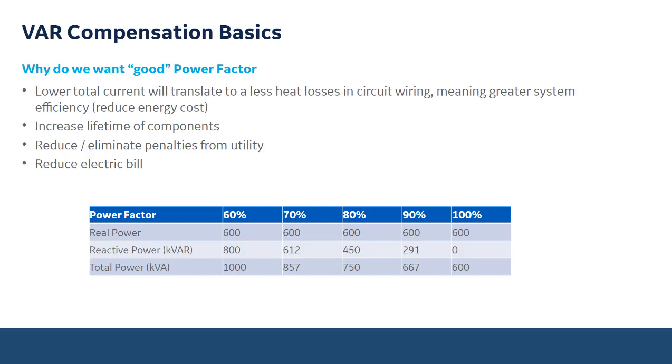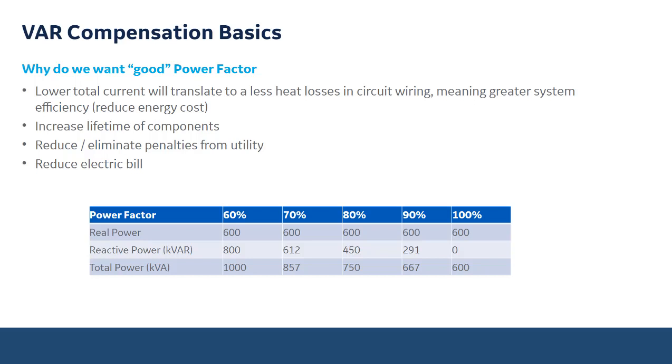You're going to eliminate the penalties from the utility, since utilities apply penalties for a low power factor. Once you implement that capacitor bank, you're going to increase your power factor and you won't have these penalties. And then obviously there's the reduction of your electric bill.